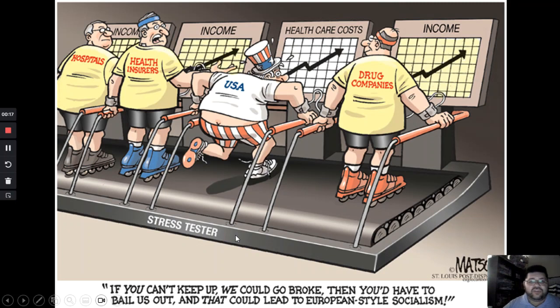Now, here is your warm up picture. The question is basically asking you, what do you notice about the guys representing hospitals, health insurers, and drug companies? So, look at where those four guys are. Look at those three guys, who represent drug companies, health insurers, and hospitals, and how they are compared to Uncle Sam.